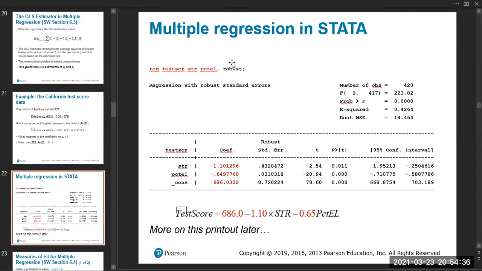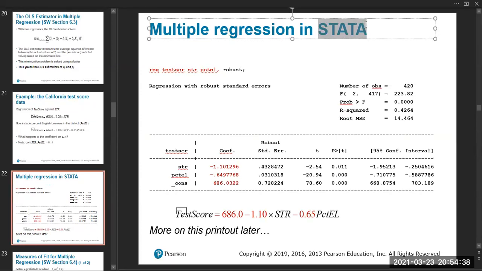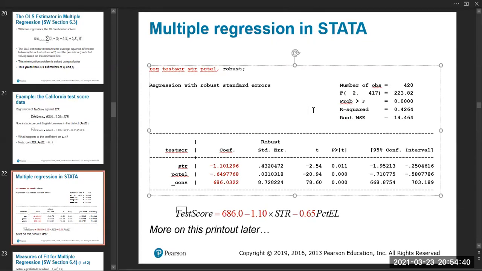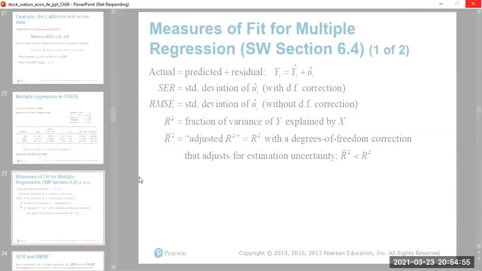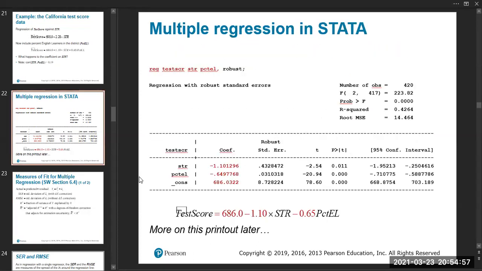Page 22 is multiple regression in STATA. In the following chapter, we're going to learn how to run regressions in Excel, so we can skip this part first. Probably I'll let you take a look at the t statistics.